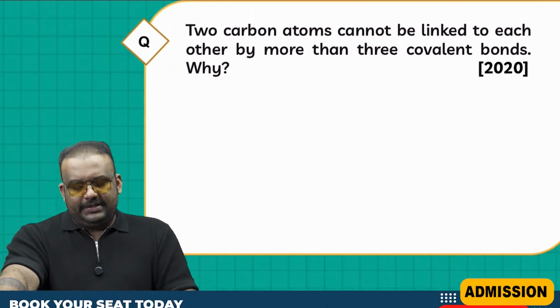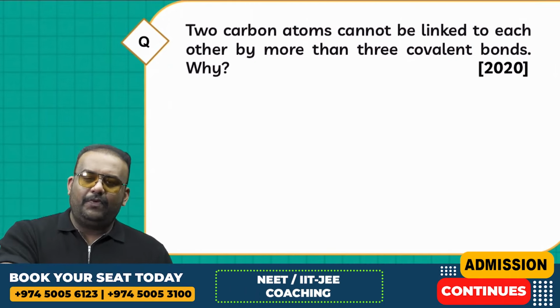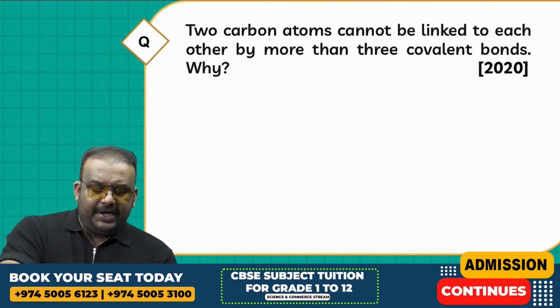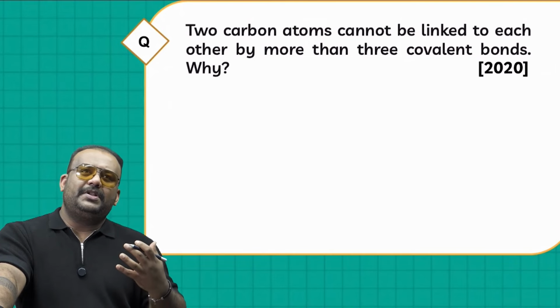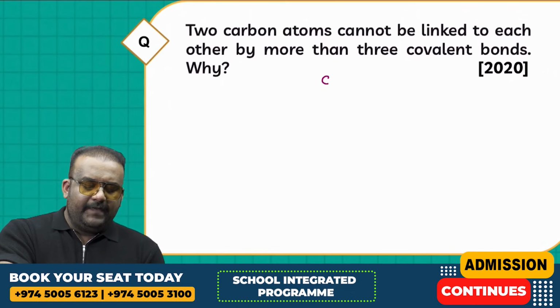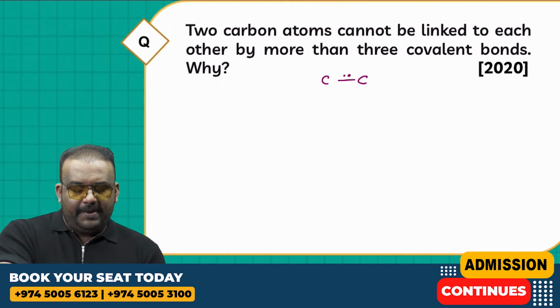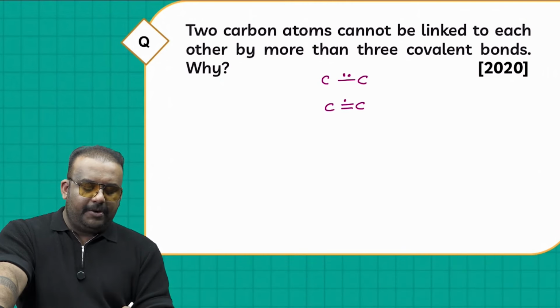Two carbon atoms cannot be linked to each other by more than 3 covalent bonds. Why? See, again, I would say an application level question. So the concept behind that is very important. You guys can see when carbon and carbon is forming a single bond, there is sharing of one pair of electrons. When carbon and carbon is forming a double bond, there is sharing of two pairs of electrons.